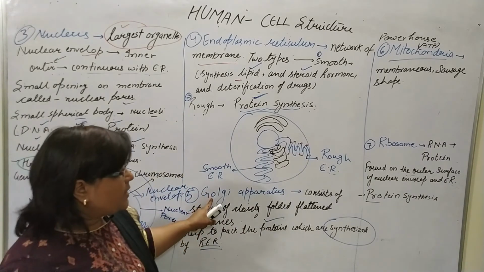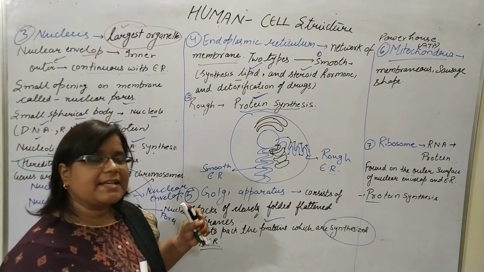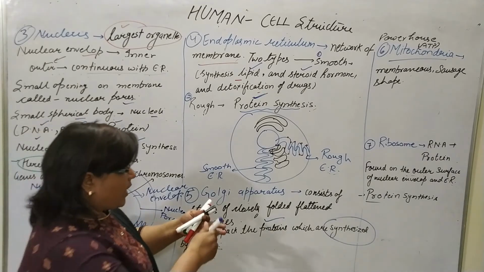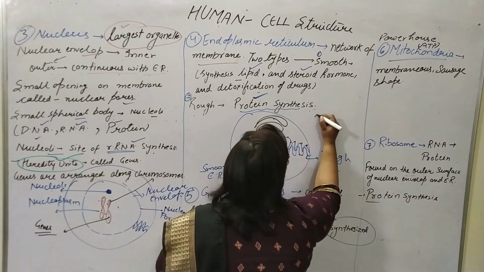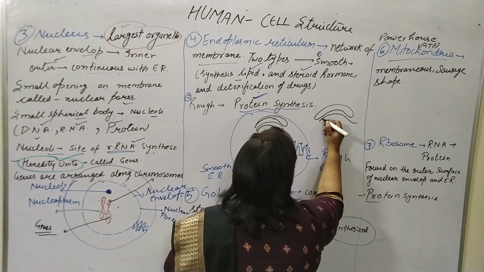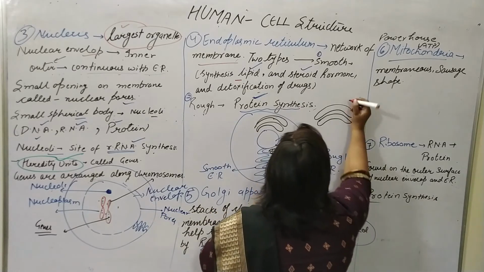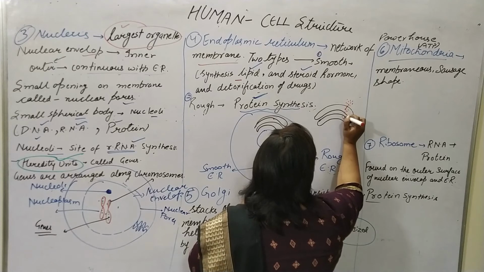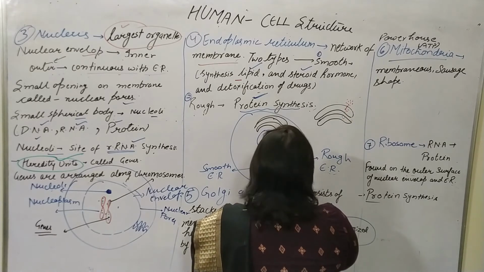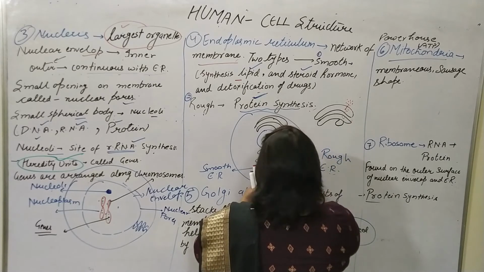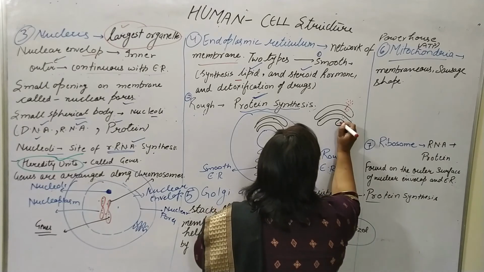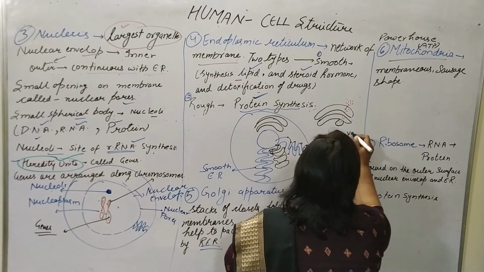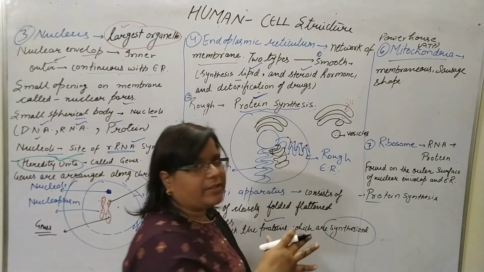The Golgi apparatus packs those proteins synthesized by the RER and transfers them to the proper site in the form of vesicles. How does it do this? This is the Golgi membrane. The protein molecules come to this side with the help of the endoplasmic reticulum and approach these membranes. Finally, the membrane of the Golgi apparatus is pinched off, and these materials are packed and transferred to the proper site in the form of vesicles. So this is the main function of the Golgi apparatus.